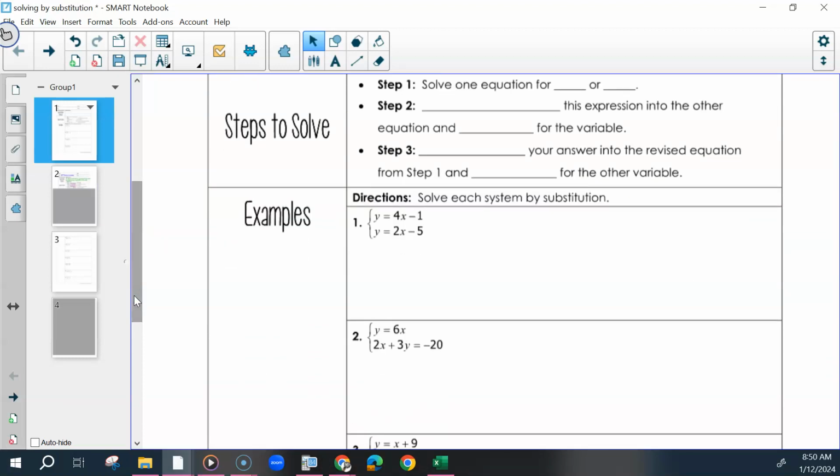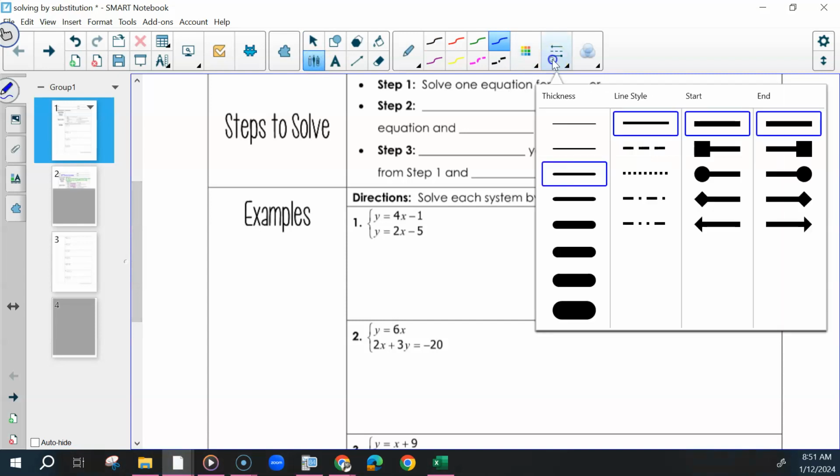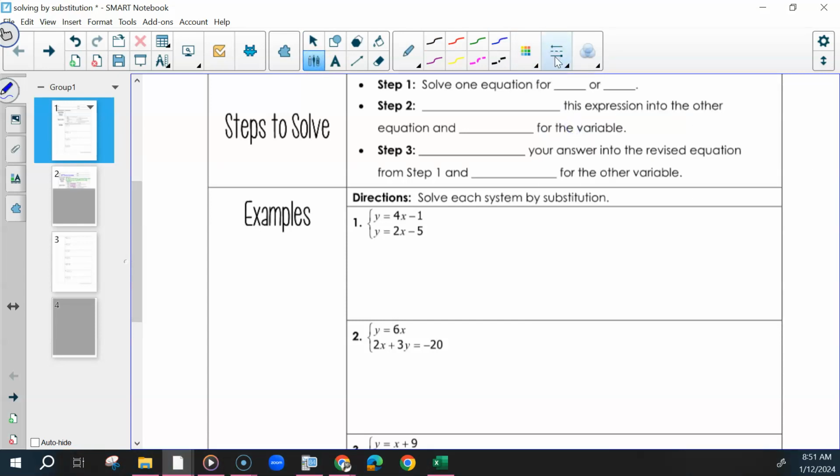If you have an equation like this, where both are already solved for x or for y, the same variable, you don't have to solve for x or y, that part is checked off. But then you have a choice. You can either substitute, you don't have to draw this next part, this expression into this other equation, where y is, or the second expression into the first line.